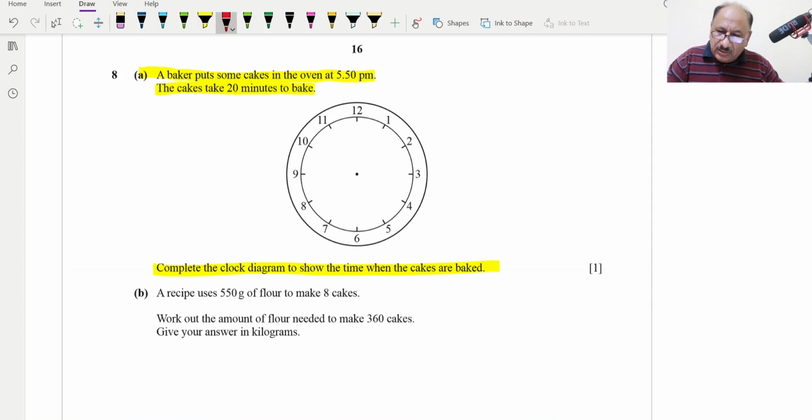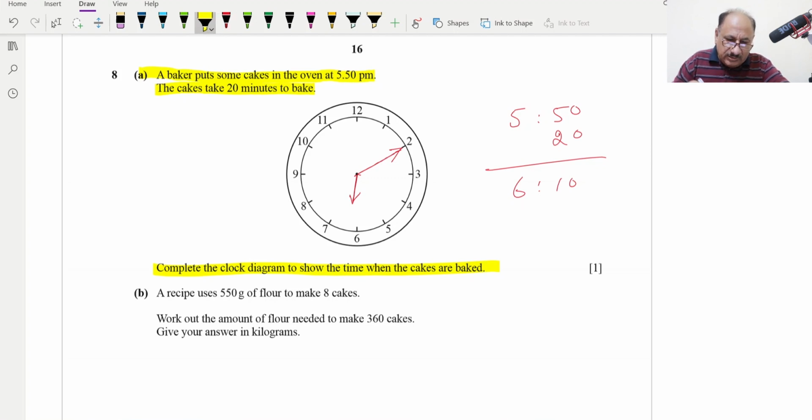So time started at 5:50 p.m., 20 more minutes, so it will be 6:10 basically, and 6:10 we can show. So our hour hand will be a little ahead of 6, and minute hand will be at 2, so we can show like this one. So this will be our clock which we have shown.